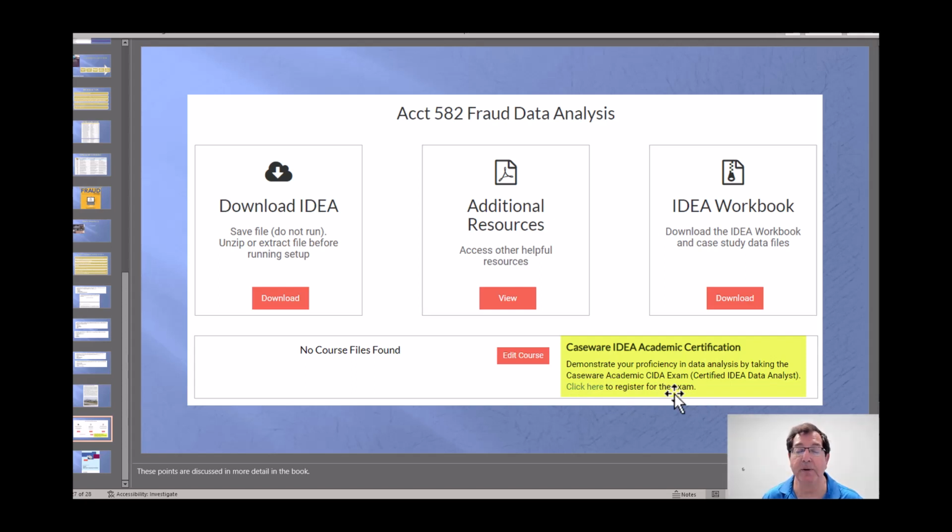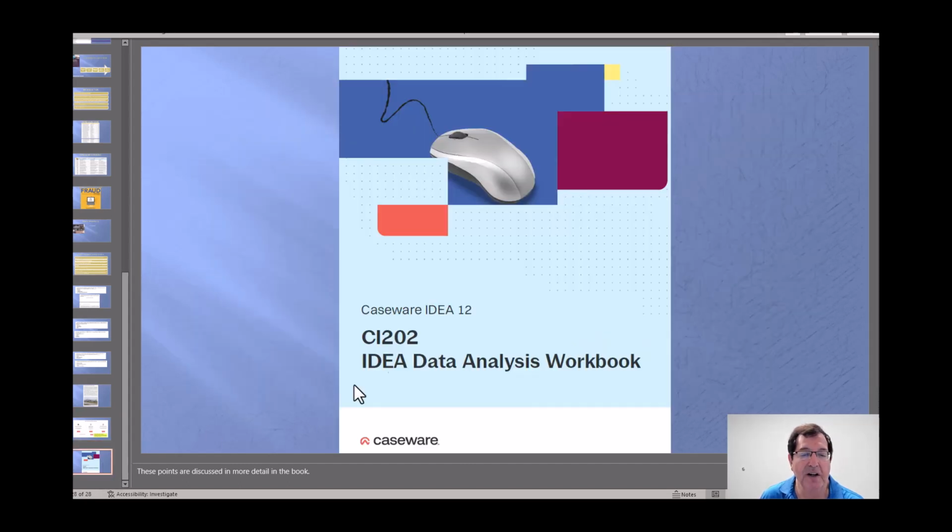And I will talk more about this exam. It's a $20 fee, and you get CIDA academic exam certification. I still need to take the exam, and I am working through this document over here. And when I'm done taking the exam, I will tell you more about it.